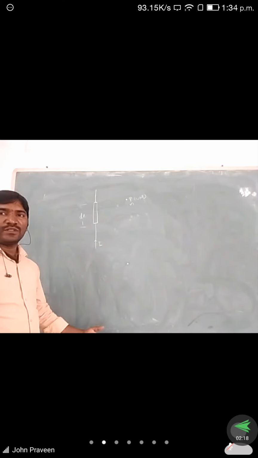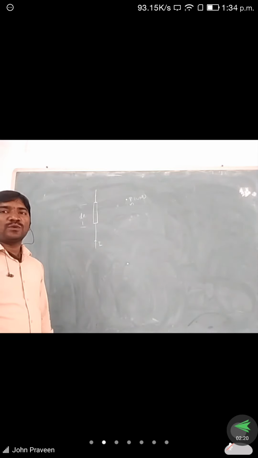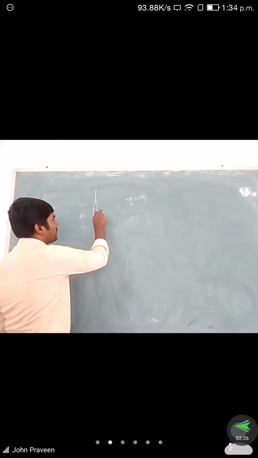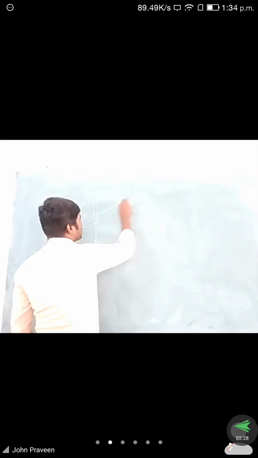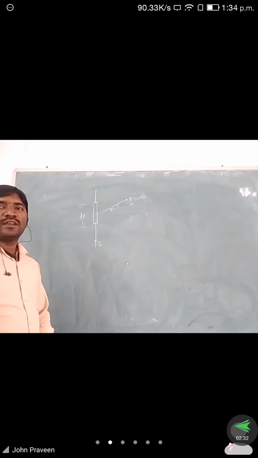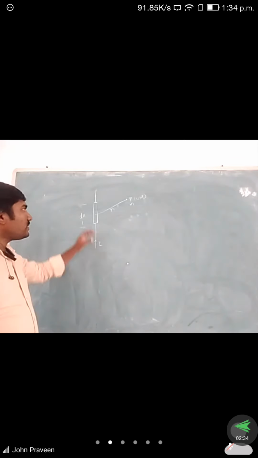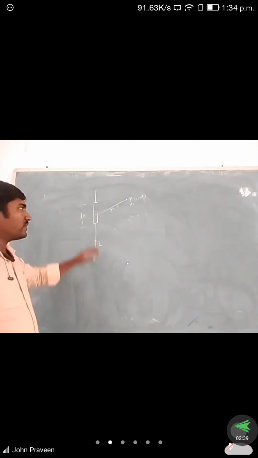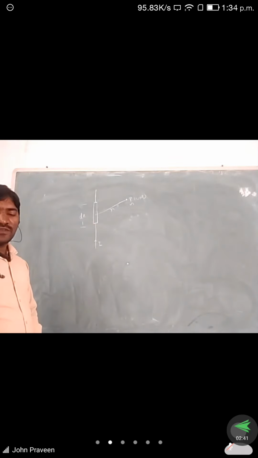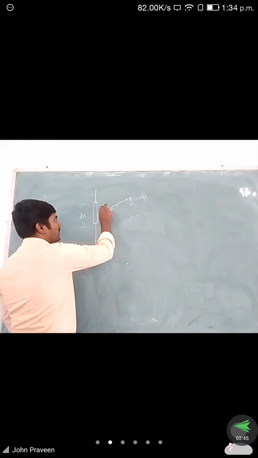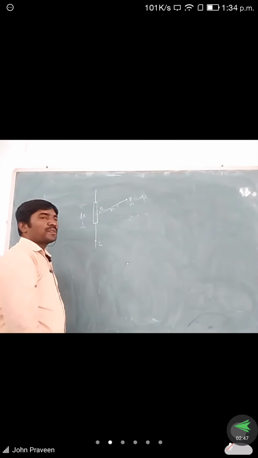Already we derived in the previous class the magnetic field strength, which is denoted by capital H. We assume the distance between those two is R, the radius from point P to the center of the conducting material. At the same time, the angle made between those we assume as theta.